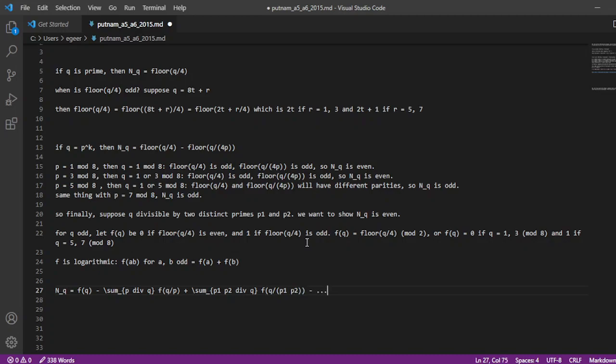And now it looks like this is going to be a bunch of copies of the same thing.